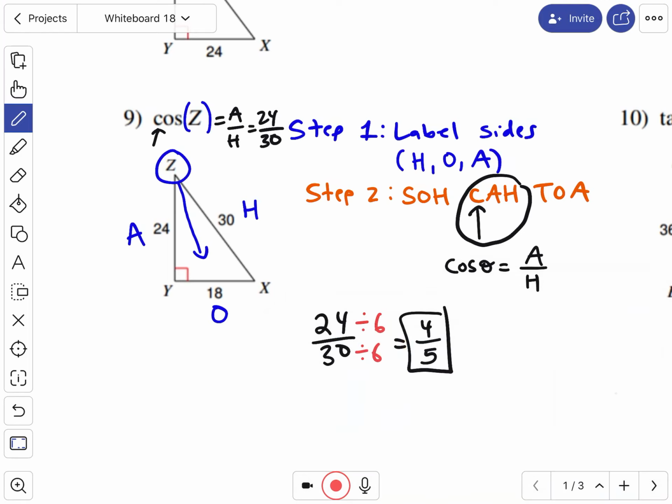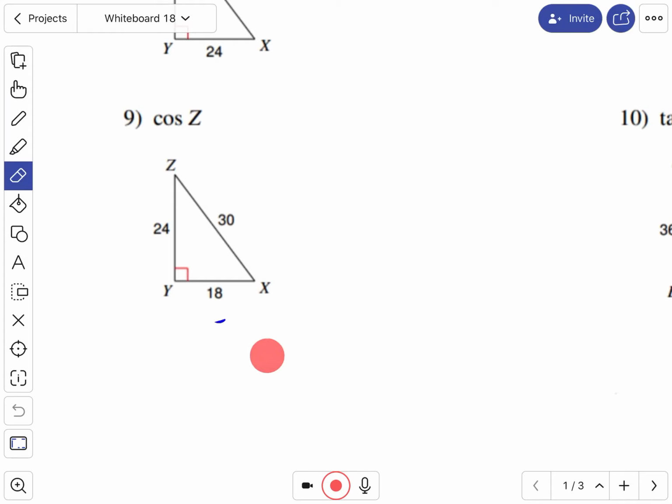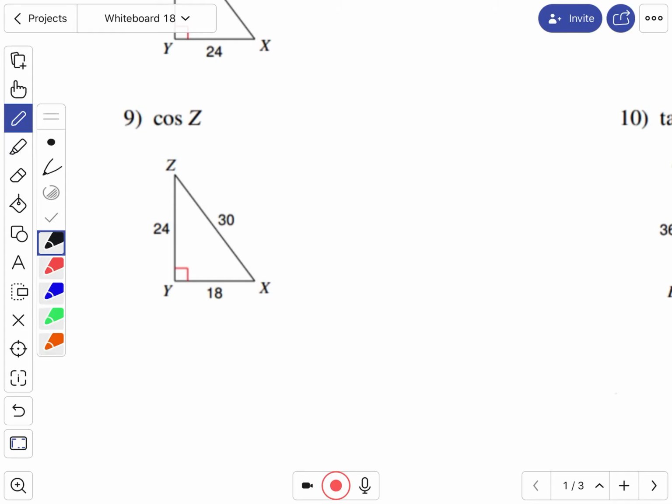So they switched it, and instead of the cosine of Z, what the answer represents for this particular one is not the cosine of Z. It was actually the tangent of X. So that's technically how you would do this problem if the answer key was correct. But this is the way that the answer key is set up.